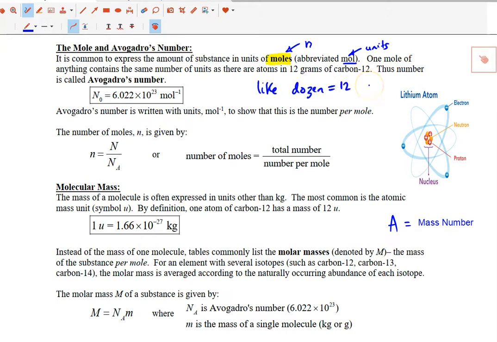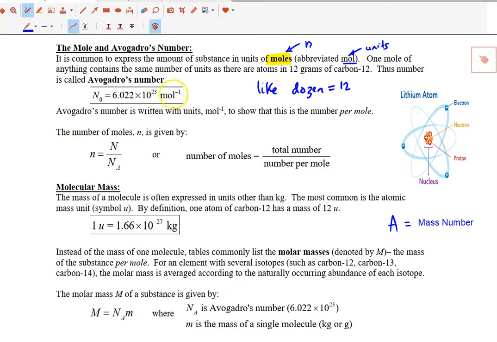If I tell you I have a dozen carbon atoms, then you have 12 carbon atoms. But the difference is that 1 mole is equivalent to 6.022 times 10 to the power 23. That's how many atoms you would have. So if I have 1 mole of carbon, then I have this amount of atoms. It's just like saying that if I have 1 dozen carbon atoms, then I have 12 carbon atoms.